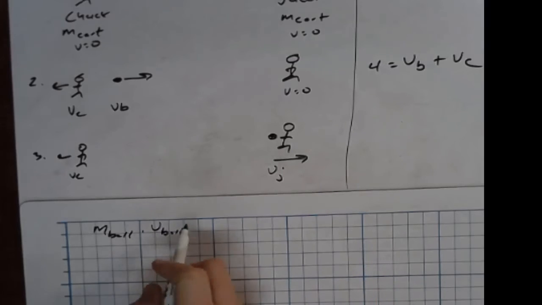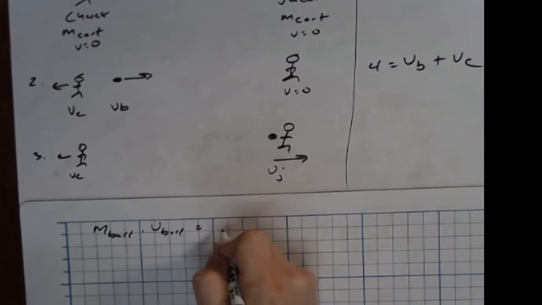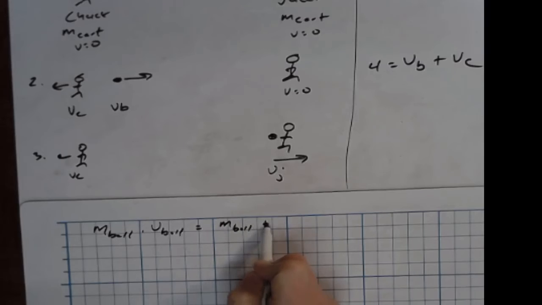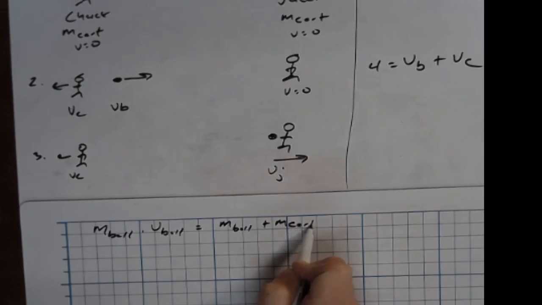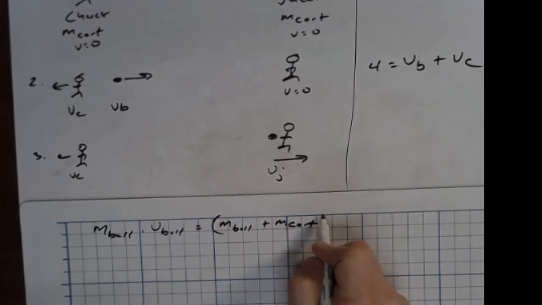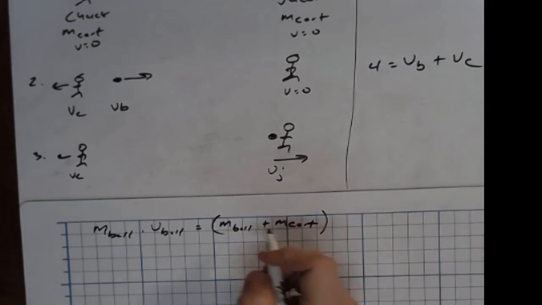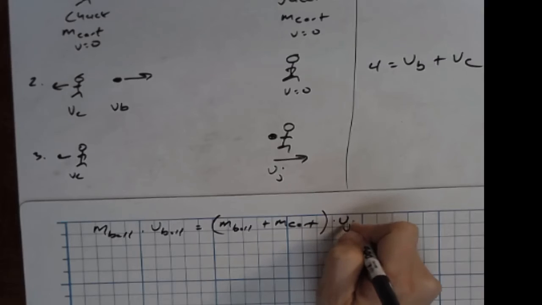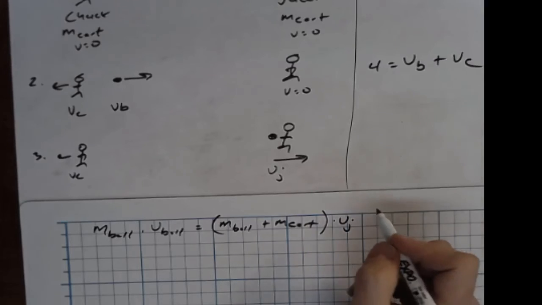That's the momentum coming in. Equals, well, afterwards, the ball and Jackie together are moving. So you've got the mass of the ball plus the mass of the cart, because it said that Jackie and Chuck have the same inertias when they're on top of the carts, times velocity of Jackie, because they're all stuck together.